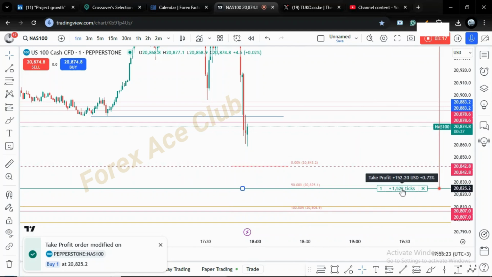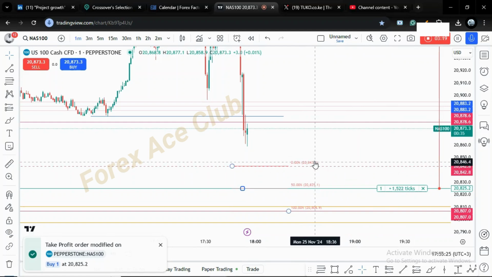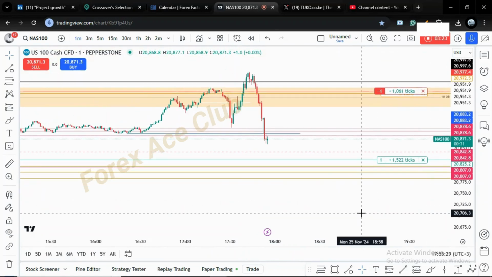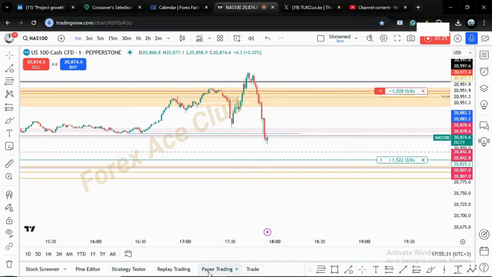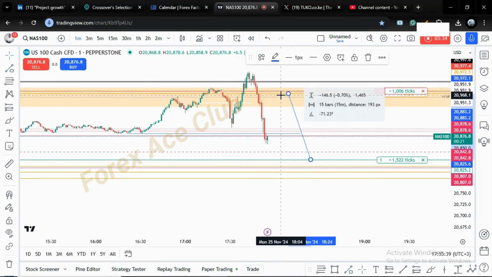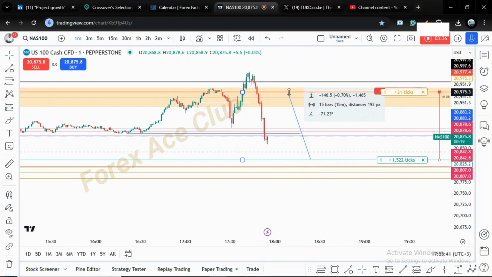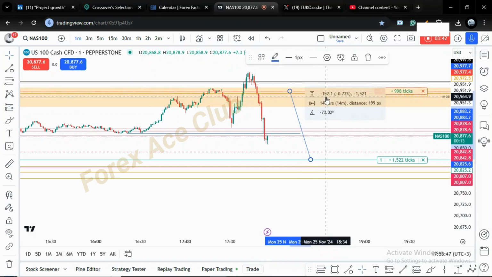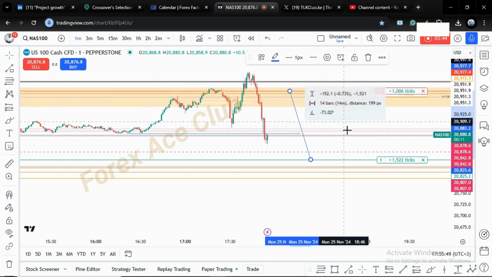So you just divide it by 10. If you're trading on a normal broker, this would be 150 something ticks. You can see we have 152 ticks. This is 152 ticks.